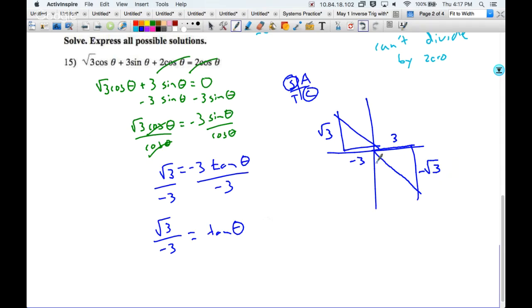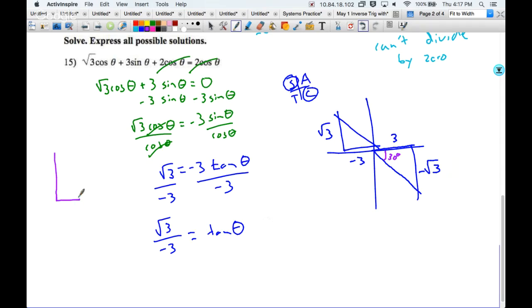And you might not recognize this triangle right away. But if we were to do inverse tangent of root 3 over -3, we would get -30 degrees, which would correspond to this right here. And you might realize that this is our 30, 60, 90, but it's just been dilated a little bit.